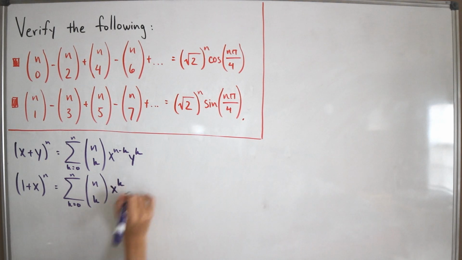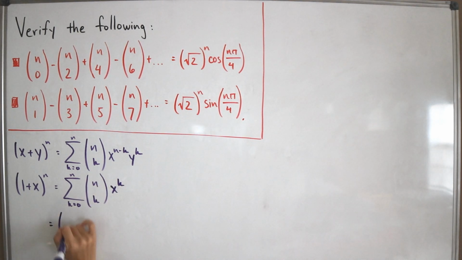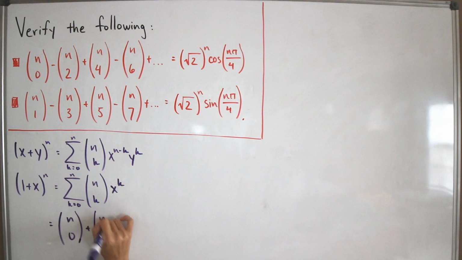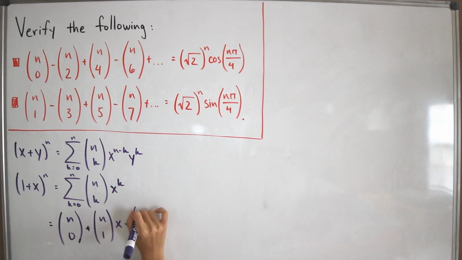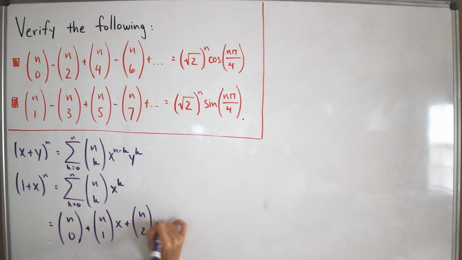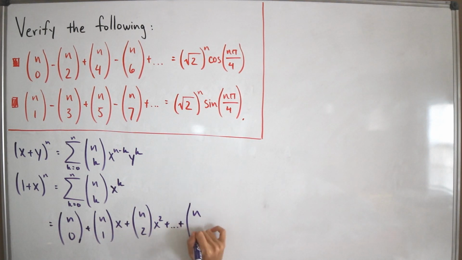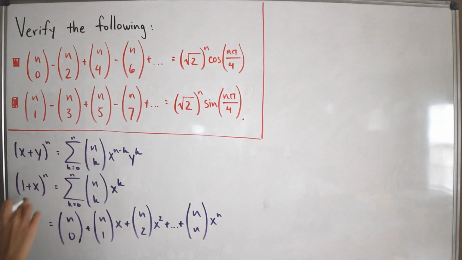The expansion is written as follows: n choose 0 with x to the power 0, which is just 1, plus n choose 1 times x to the power 1, plus n choose 2 times x squared, and so forth, and we end off with n choose n times x to the power n. That's the expansion we have so far.